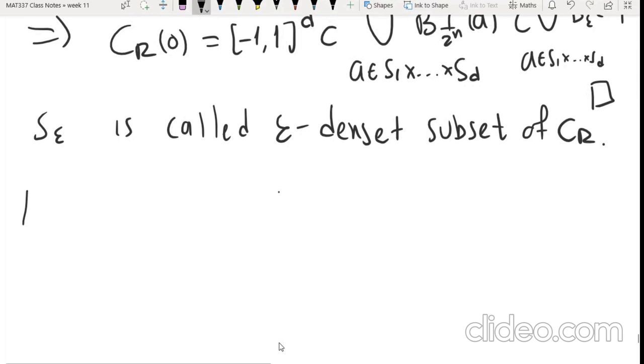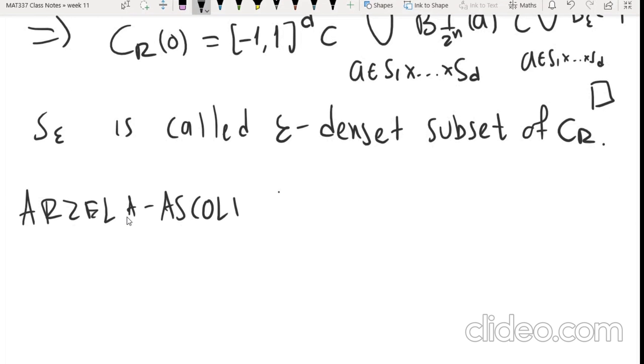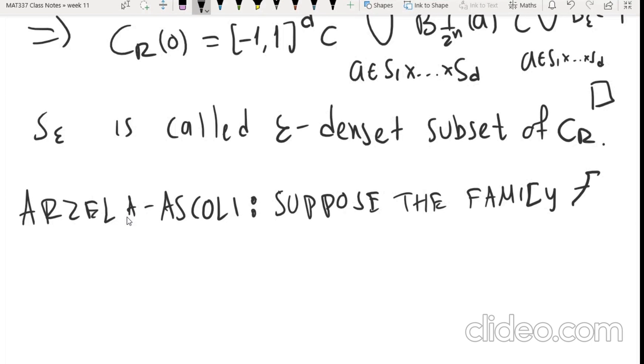All right. Let's go into Arzela-Ascoli. So I will give you the version that is most often stated, and then I will give you the corollaries from the book. But first, the one that you see more often is: suppose the family F is bounded in the sup norm. We always mean in the sup norm.